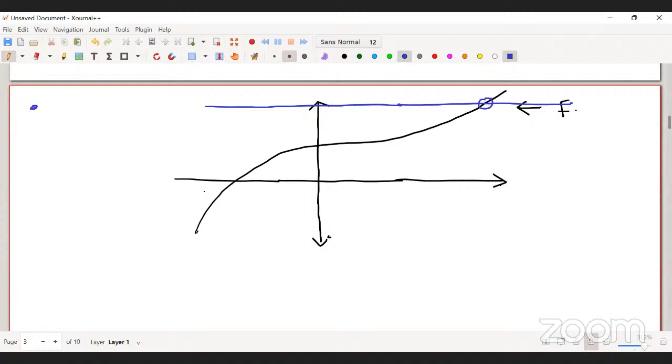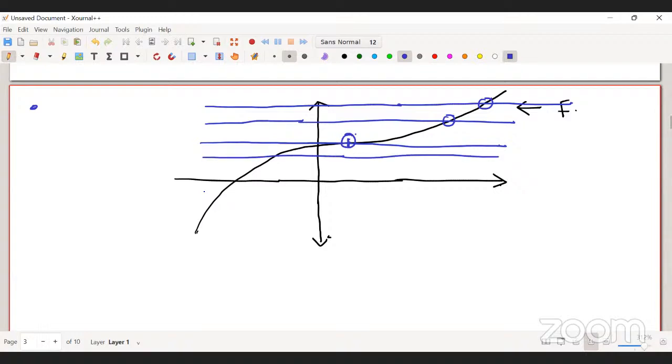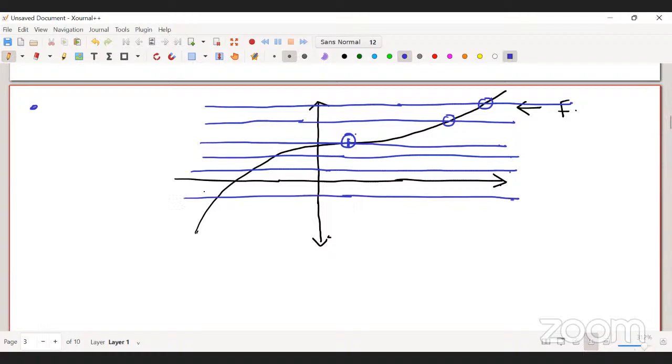Similarly, if I draw one more horizontal line, the same thing happens; it passes through one point. All the horizontal lines cross the graph of the function at most one point. If I draw any horizontal line, it passes through the graph at most one point.